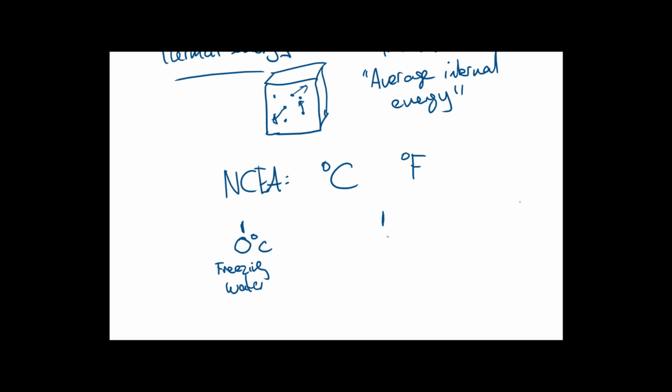And then he said, okay, we're going to set 100 degrees to be the boiling point of water. And I should add that that's sea level under normal conditions. And then he said, okay, so what we're going to do then is we're going to sort of divide it up into single degrees. And in NCEA, we're going to call that change in T.